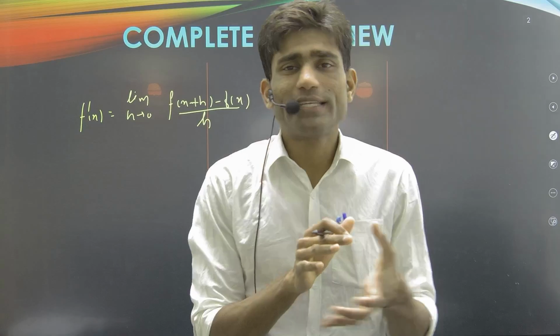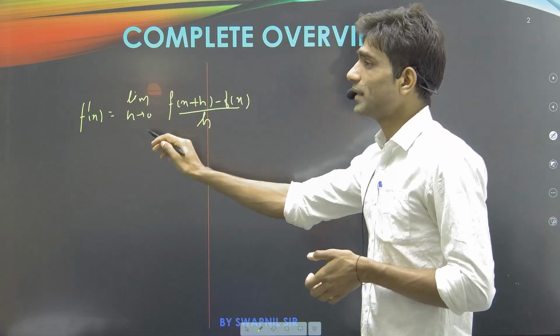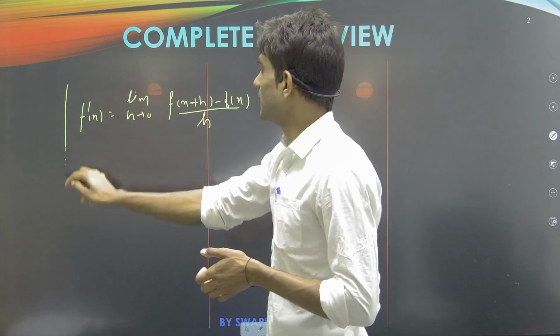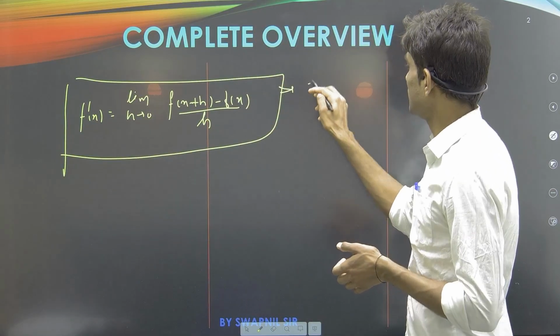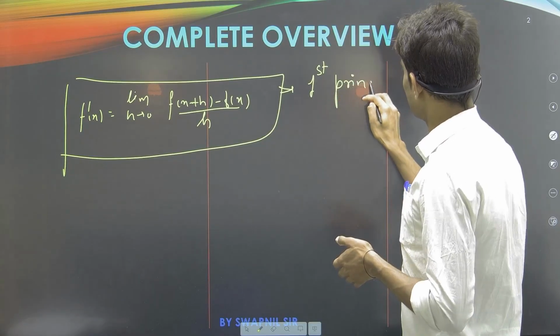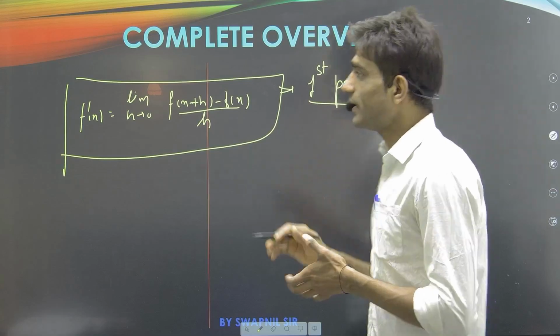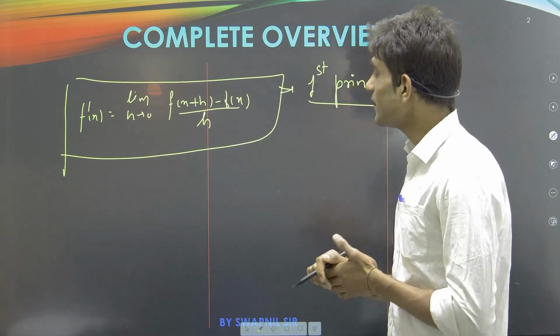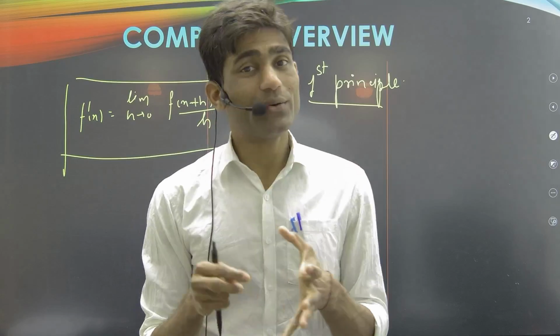Whatever the rate of change of a quantity is, we find it by using the first principle of differentiation.